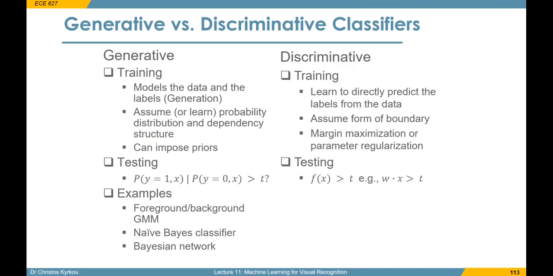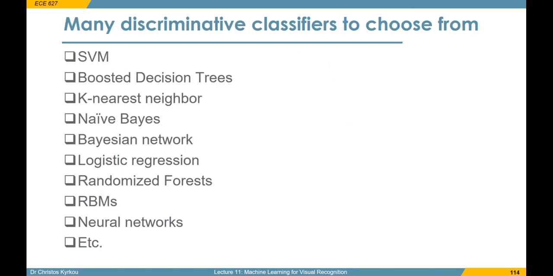During testing, basically, we run the inference with the models and the parameters that we have learned, and it's a threshold-based approach toward deciding the class. And we saw that SVMs, logistic regressions, and boosted decision trees and boosted classifiers can yield good results using discriminative learning. And of course, there are many more discriminative classifiers. We'll start looking at neural networks from the next lecture, which is another form of a discriminative classifier.